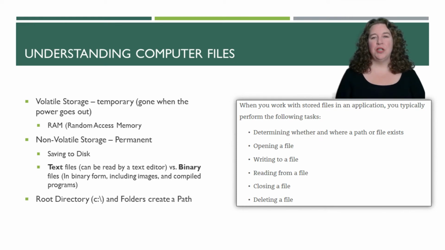The first thing we're going to talk about is understanding how computer files get stored on the computer. This might be review for some of you. You may already know this, but no harm in doing it again. First thing we talk about is volatile storage or temporary storage, stuff that goes on your RAM. This is your random access memory, your RAM, that you may have 4 gigabytes, 8 gigabytes of RAM, something like that.